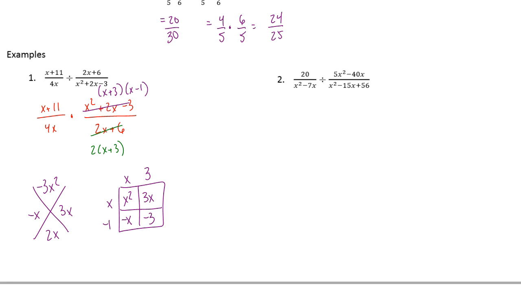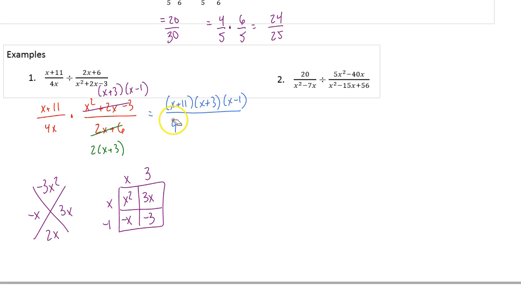So if we write this all out, like we've been doing in the previous video where we were multiplying fractions, we would have x plus 11 times x plus 3 times x minus 1 in the numerator. In the denominator, we would have 4x times this 2, which would actually become 8x, and then x plus 3.